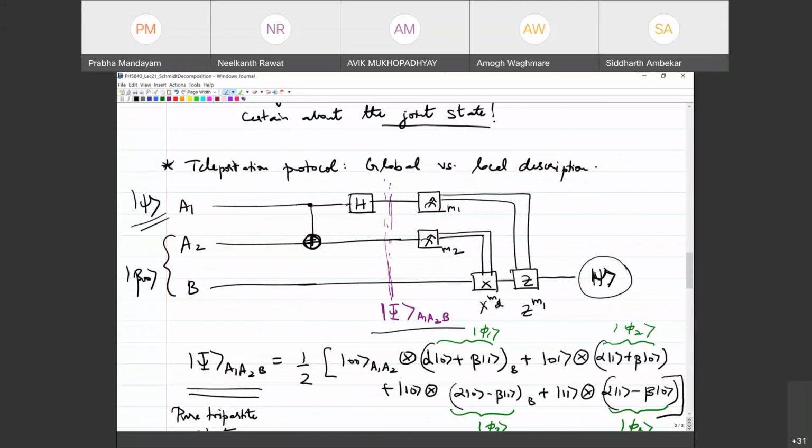If there is no classical communication, that's what I'm saying. So if you stop the protocol here, the key point is if there is no classical communication between A and B, then at this point, B's local description is that of a maximally mixed state.